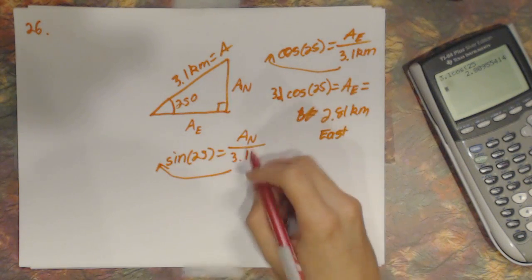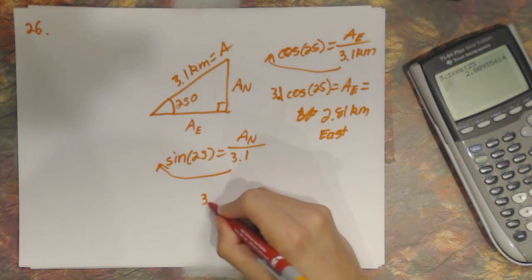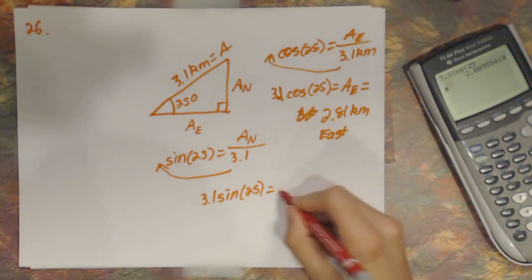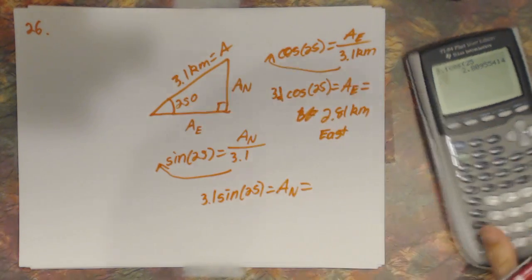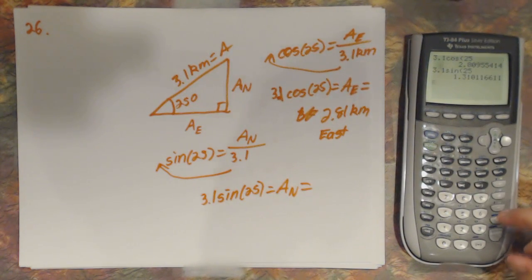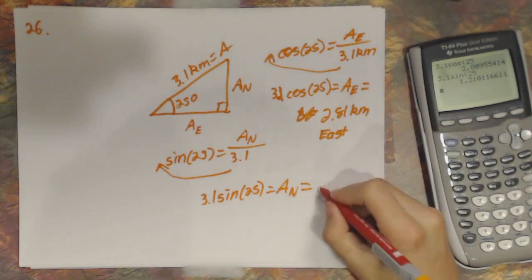Multiply it over, and you get 3.1 sine 25 degrees equals north component of vector A equals 3.1 sine 25 equals 1.31 kilometers.